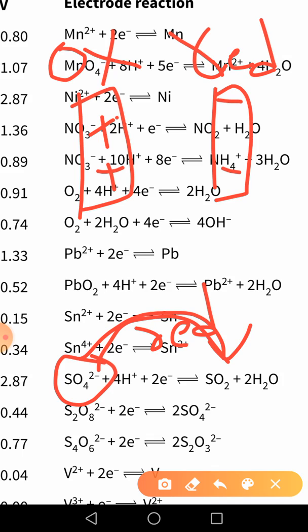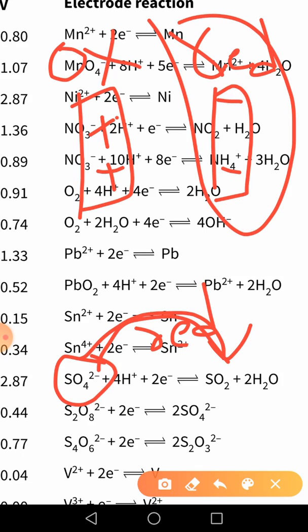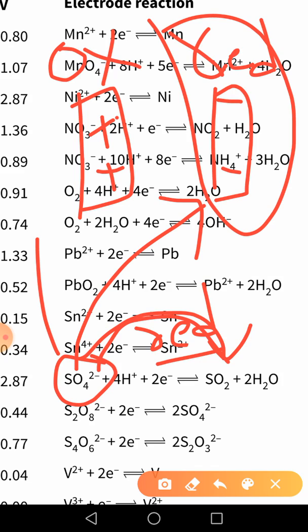Now in which electrode does reduction occur? Reduction occurs at the cathode, which is negative. So for reduction to occur, the sulfate has to travel to the cathode. But will sulfate travel to the cathode? The answer is no, because sulfate and the cathode both have a negative charge, and sulfate is an anion, so it will travel to the anode, but at the anode oxidation occurs, and sulfate needs reduction.